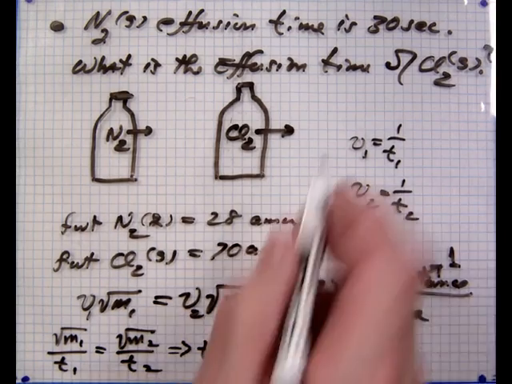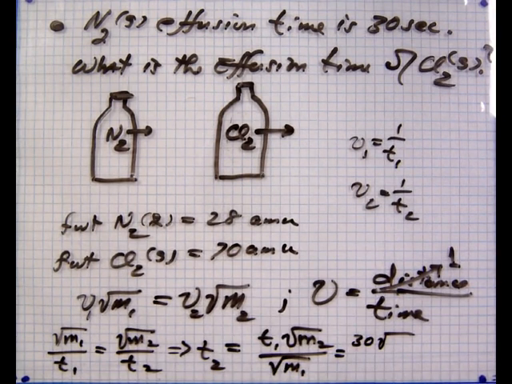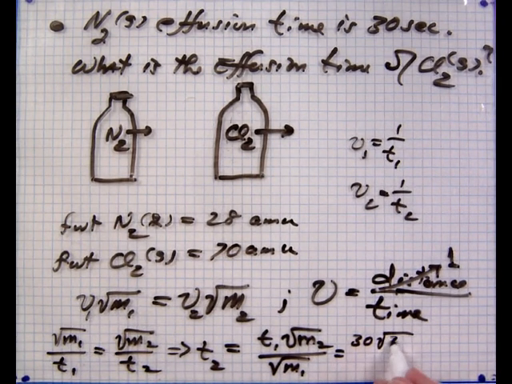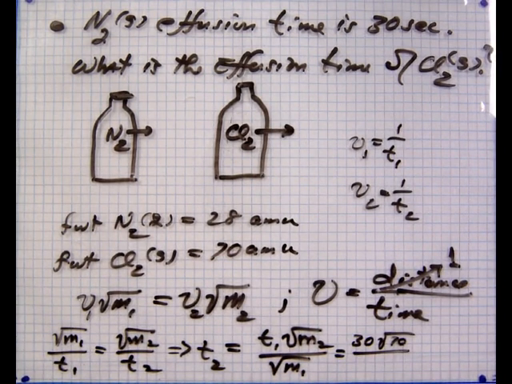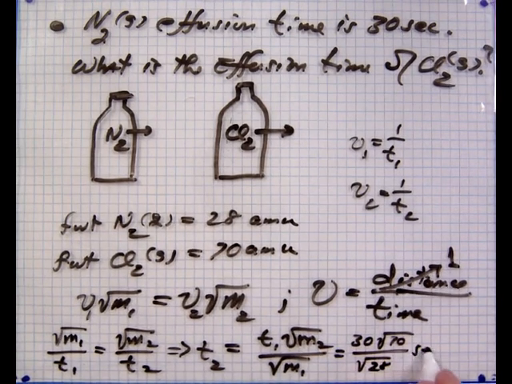Okay. Time 1 was 30 seconds, times the square root of M2, which is 70, divided by M1, which is 28, and it'll all come out in seconds.